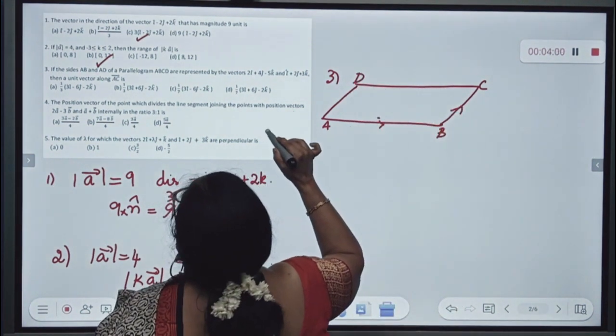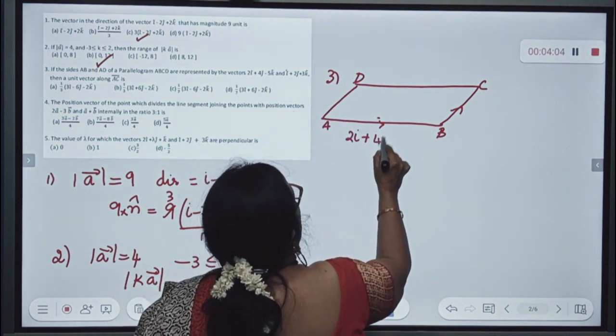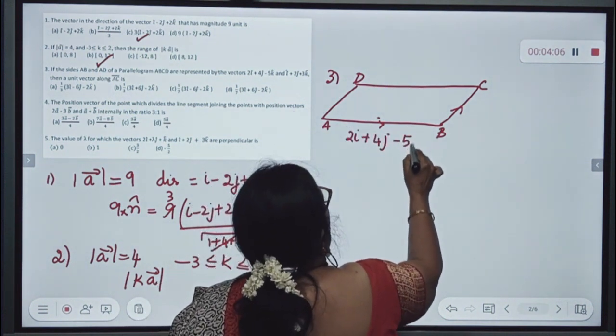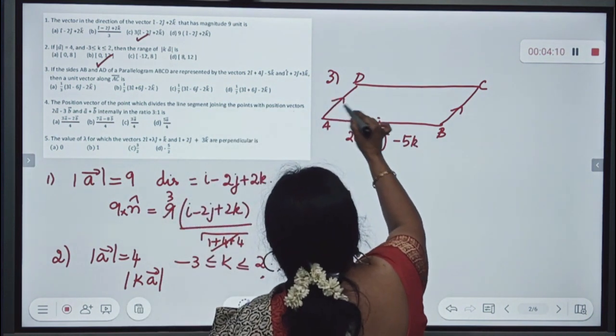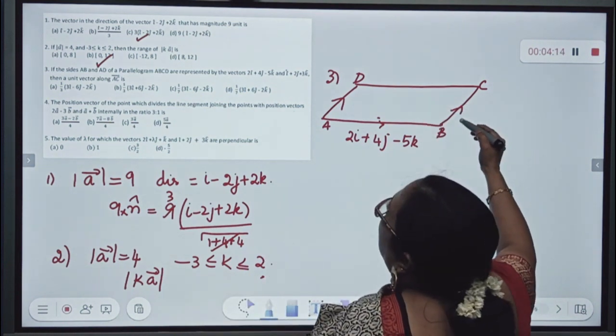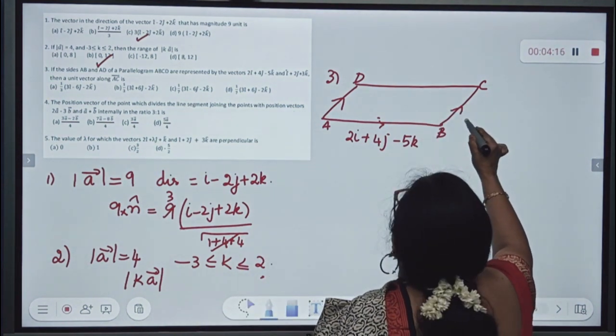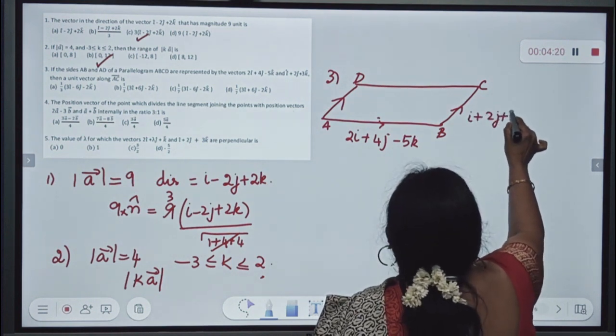AB vector is given as 2i plus 4j minus 5k. And you are given the AD vector, but the AD vector is the same as the BC vector because they are parallel and equal in length. So the BC vector is i plus 2j plus 3k.